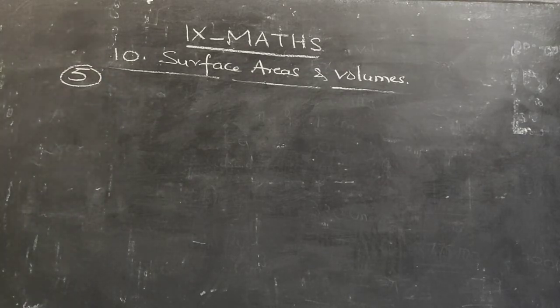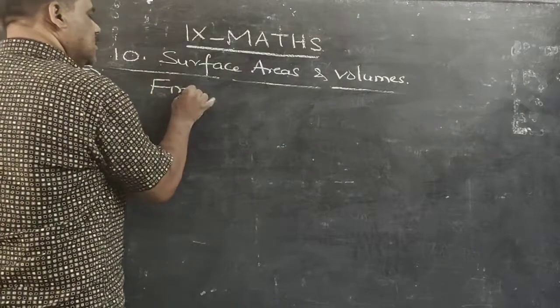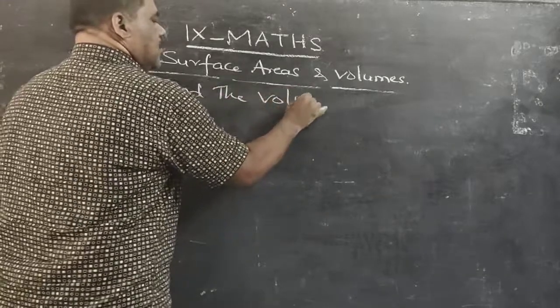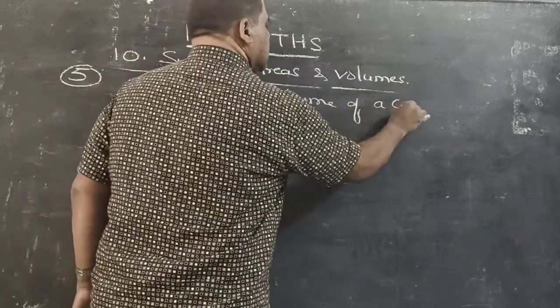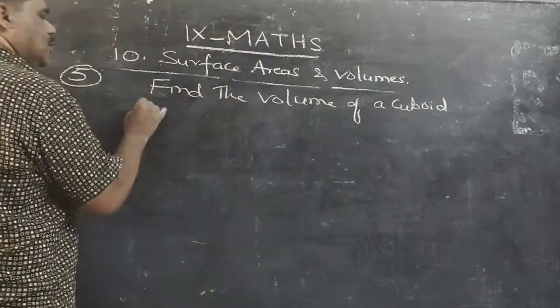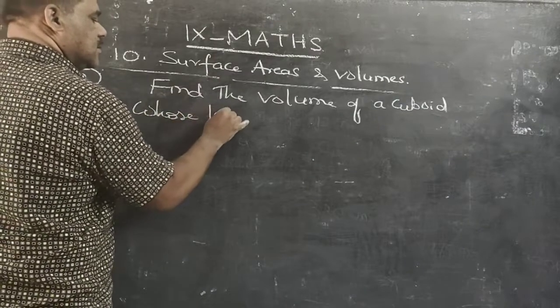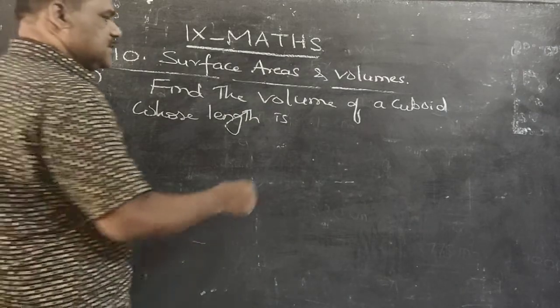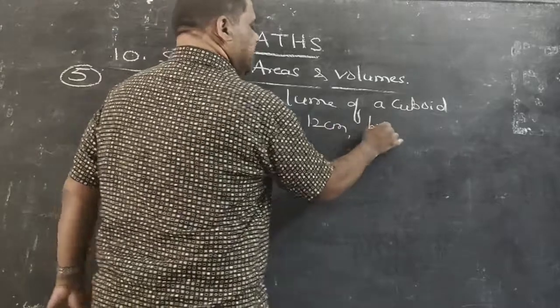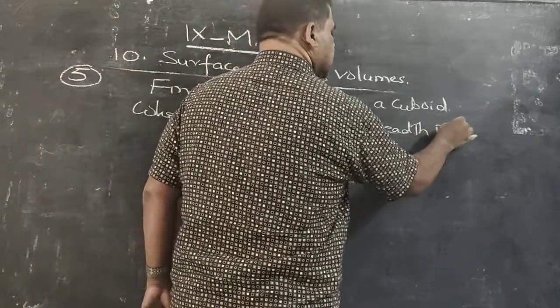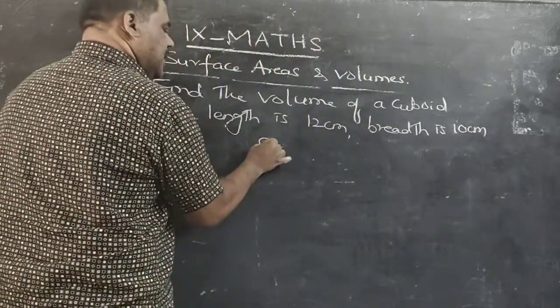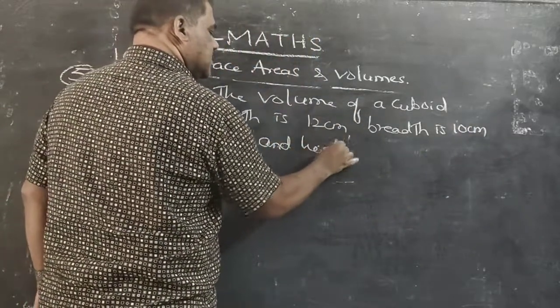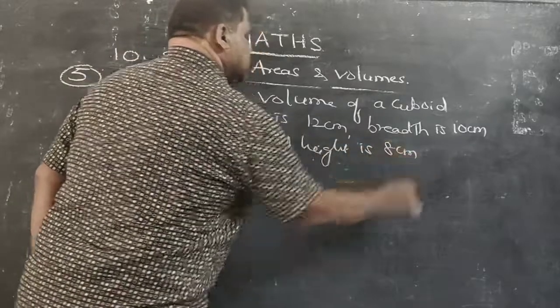Right, question number 5. Find the volume of a cuboid whose length is 12 centimeters, breadth is 10 centimeters, and height is 8 centimeters.